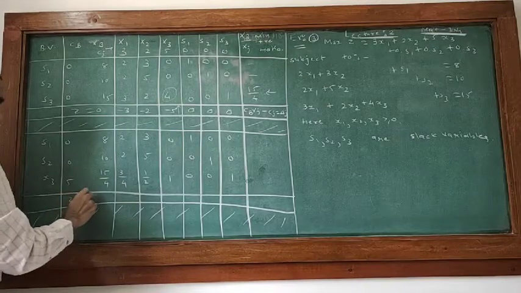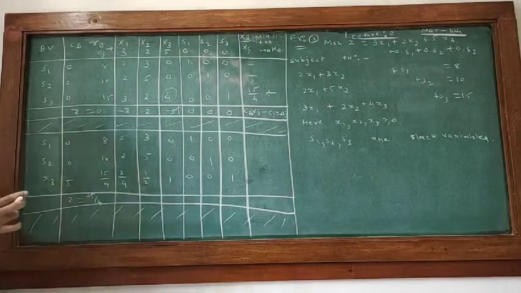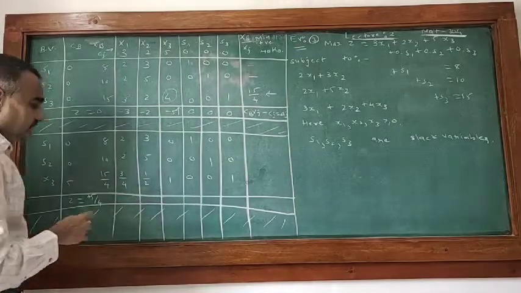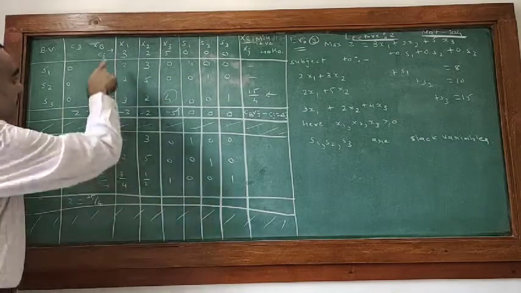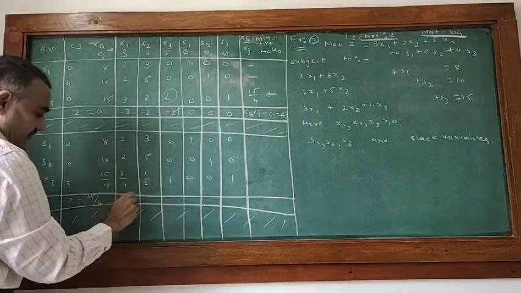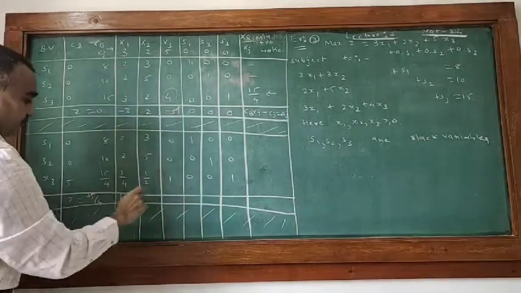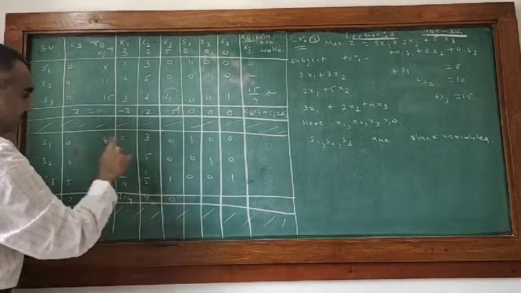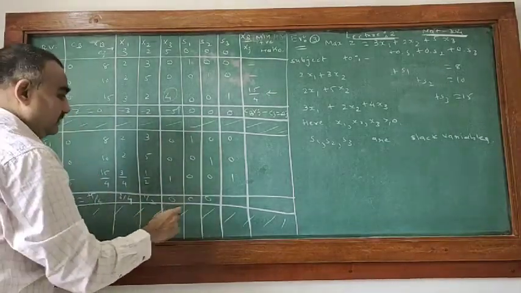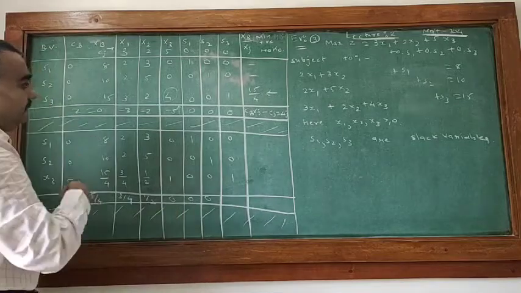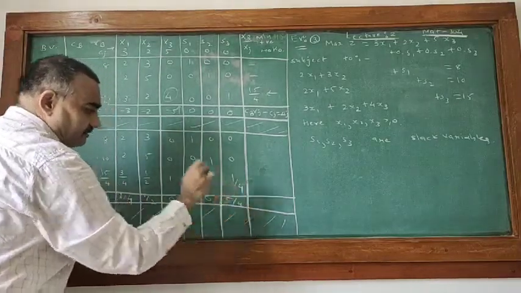So value of z is 75 by 4. Then 15 by 4 minus 0 means it is 3 by 4; 5 by 2 minus 2 means it is 1 by 2. Divide this by 4, so it is 1 by 4 there, and therefore it is 5 by 4.